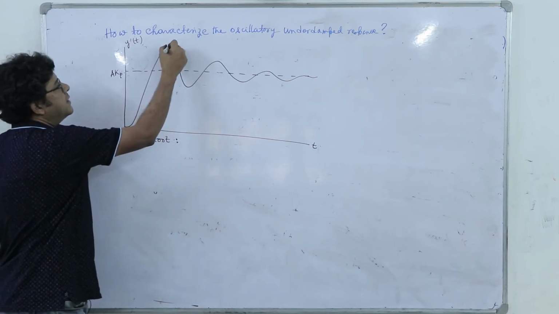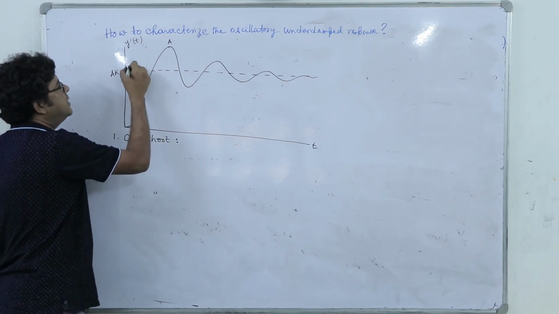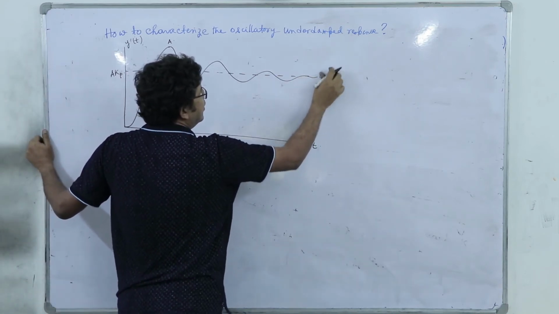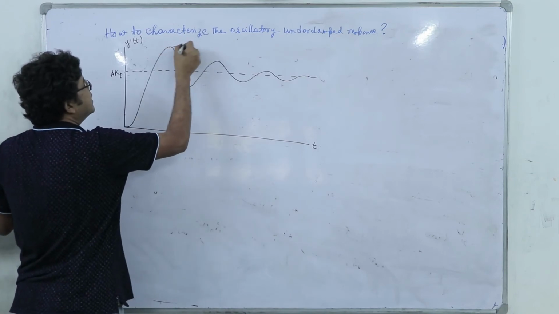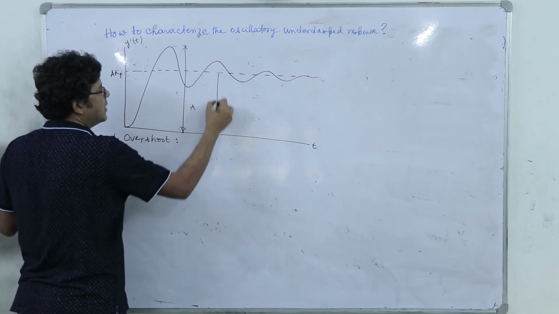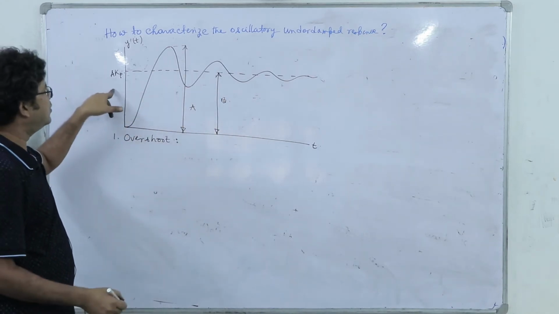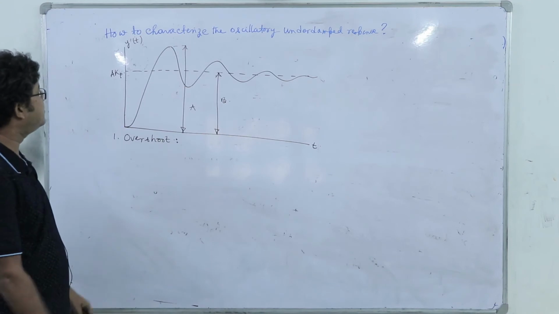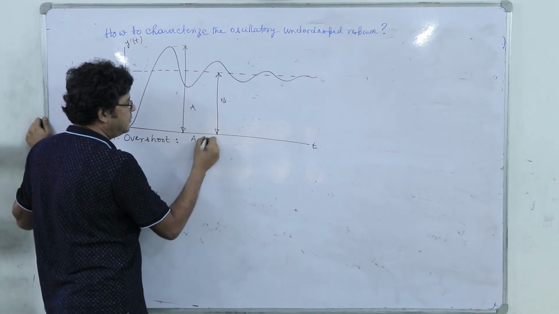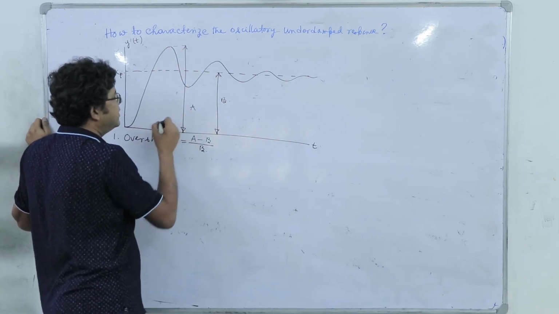Let us mark this one as A, this one as B, right. B is the final value which is equal to A Kp, A is the maximum height, okay. So, overshoot is basically A minus B by B. That is this divided by this.